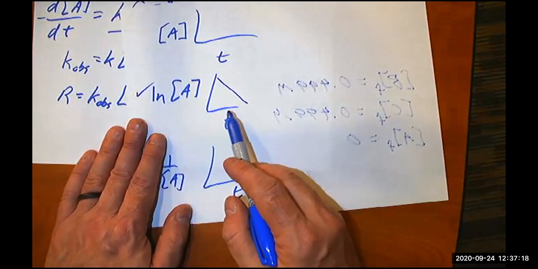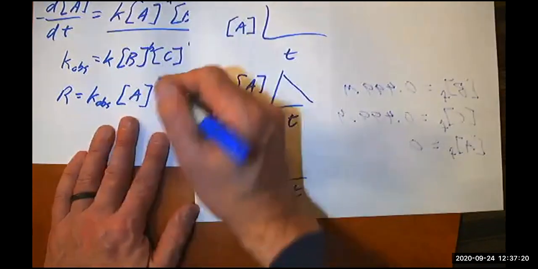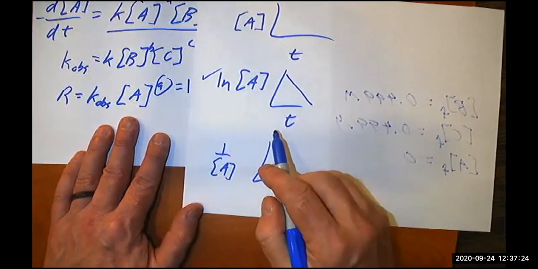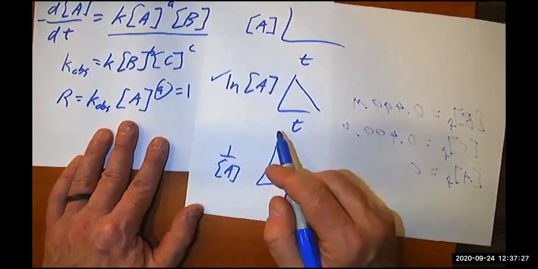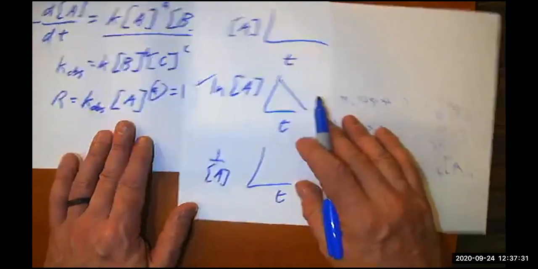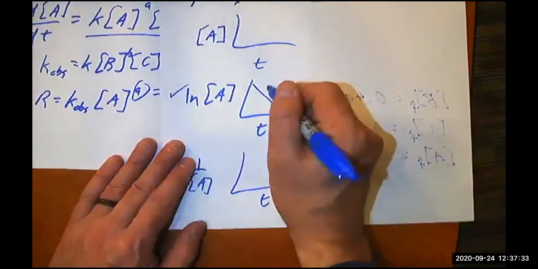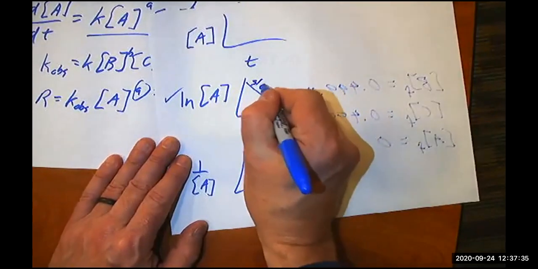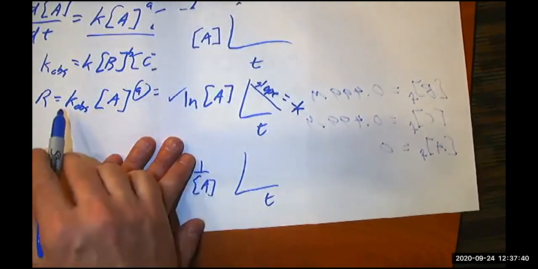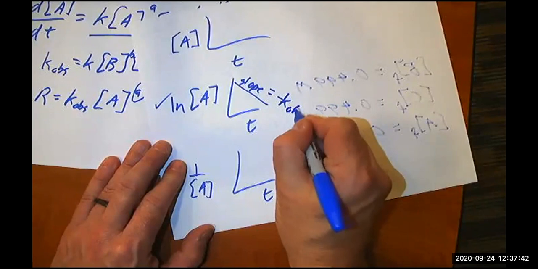That means that we now know that this equals 1, because the natural log versus time is the first order version. Okay. We also know from this plot that the slope is negative K. In this case, that K is K observed.